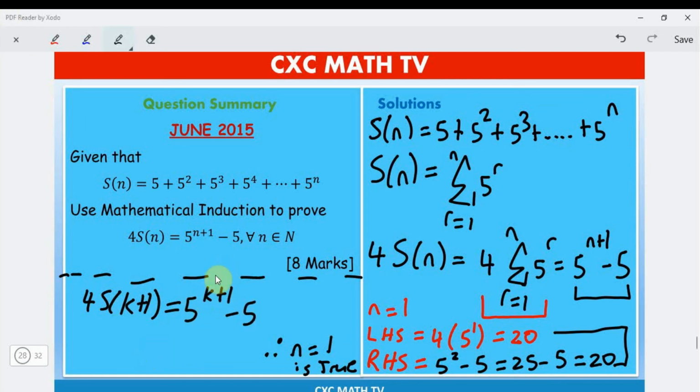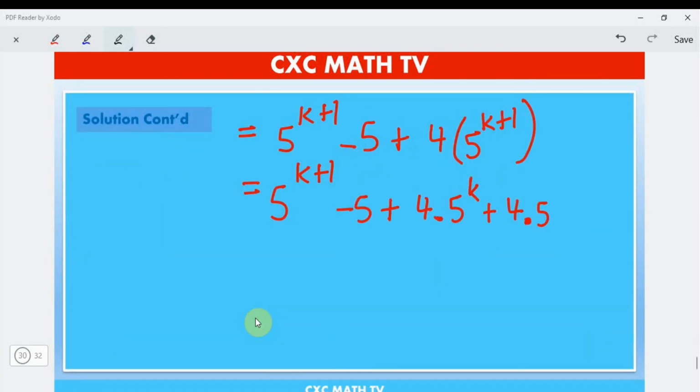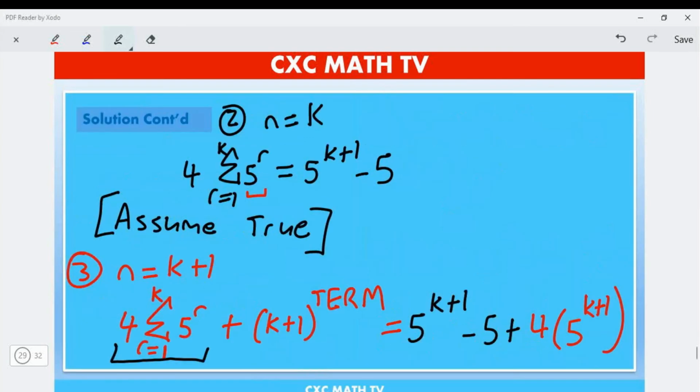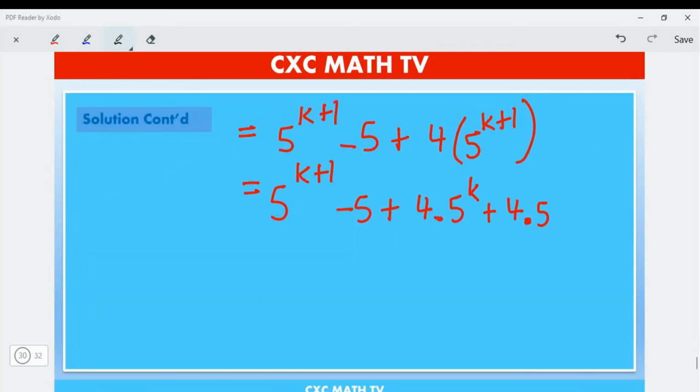Sorry, replace this with k plus 1: 5 to the k plus 1 plus 1. We're supposed to get 5 to the k plus 2 minus 5. So let's see how we're going to get that.